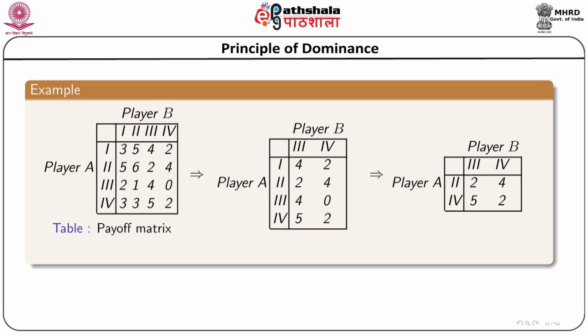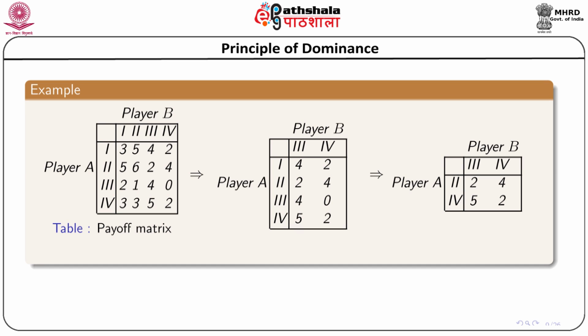So, rows 1 and 3 can be deleted, and thus we ultimately get a pair matrix in 2 by 2 form. And this 2 by 2 pair matrix can be solved by some other method.